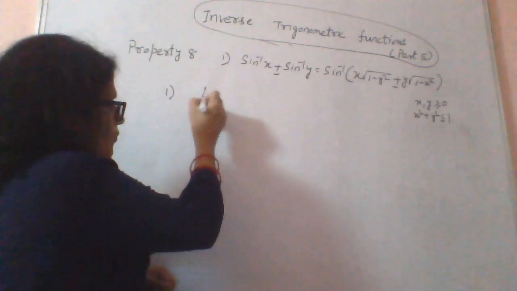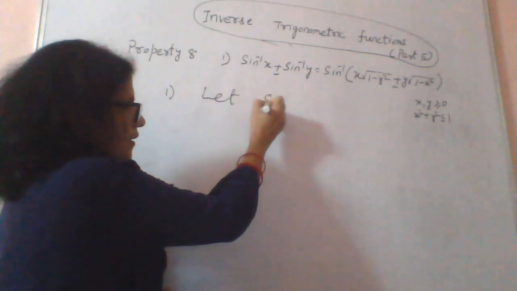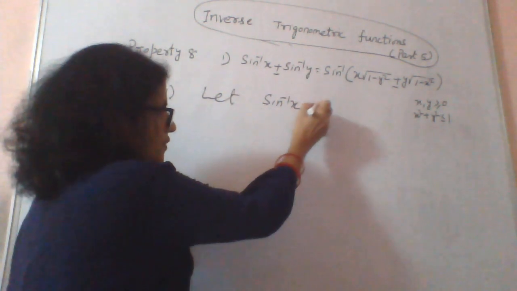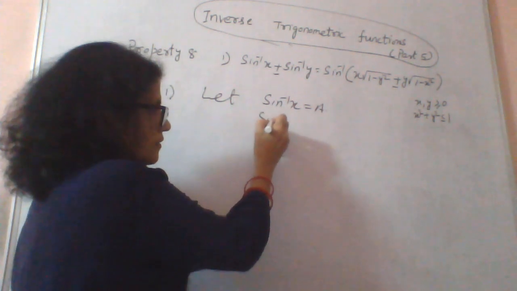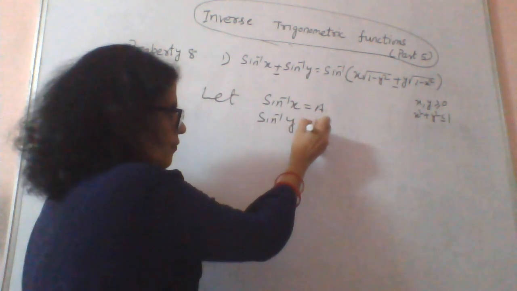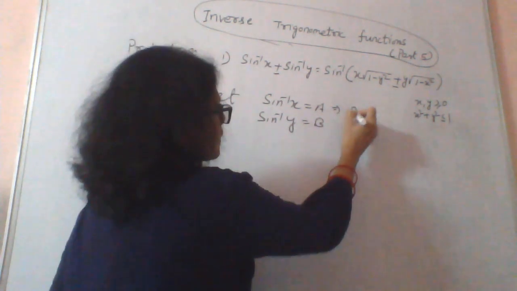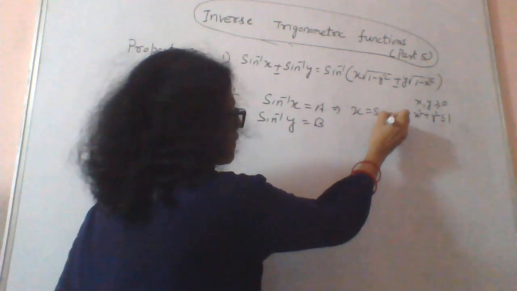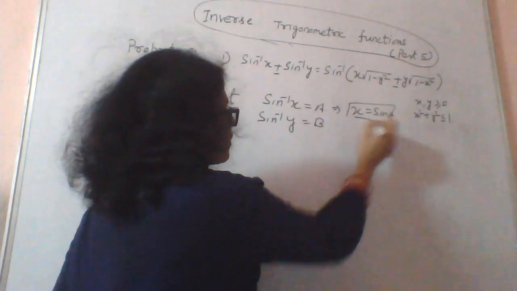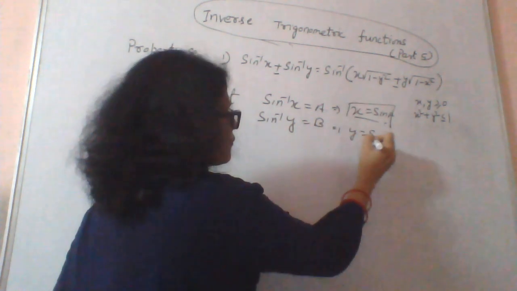For both the parts, let sin inverse x equal to a, sin inverse y equal to b. This gives us x equal to sin a and y equal to sin b.